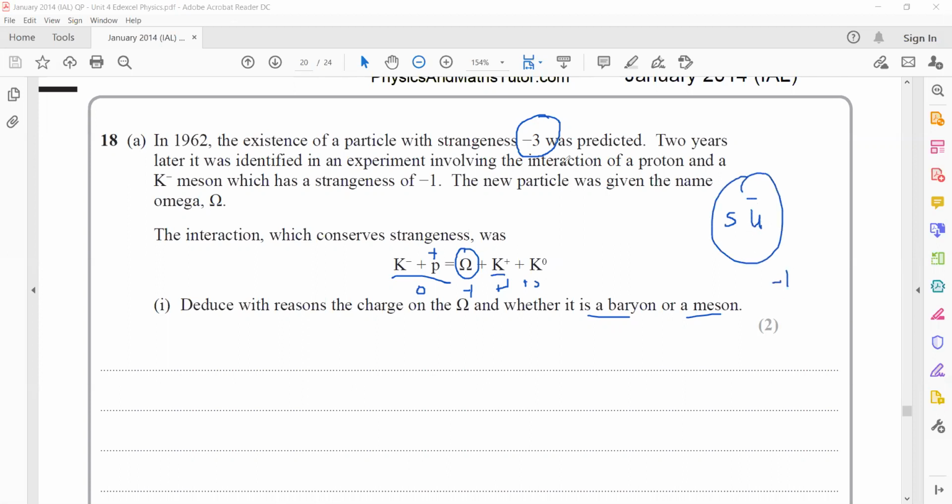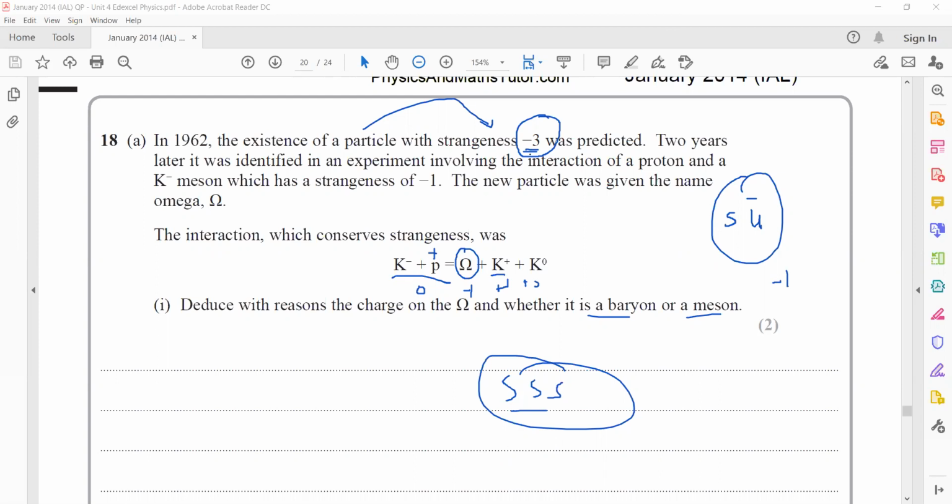It will be -1. But in this question, they mention strangeness is -3 for the particle. So if strangeness is -3, there should be 3 strange quarks in it. And if 3 quarks are there, this particle can be a baryon, it cannot be a meson.